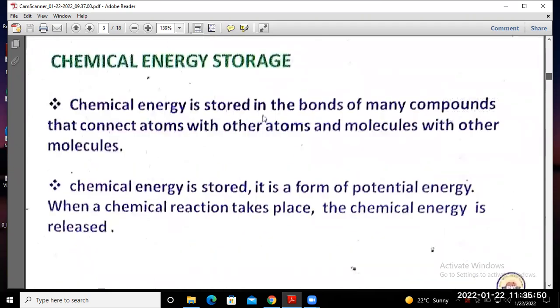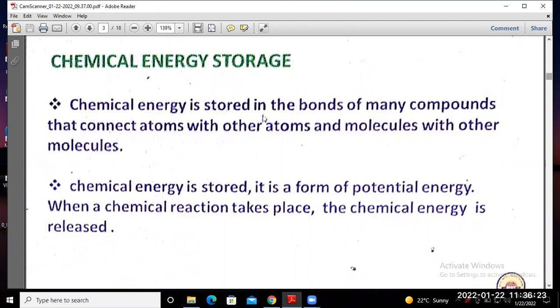What is chemical energy storage? Chemical energy is stored in the bonds of many compounds that connect one atom with another atom, and one molecule with other molecules. So we can say that the chemical energy is stored in the bonds of various types of atoms or molecules connected with each other.